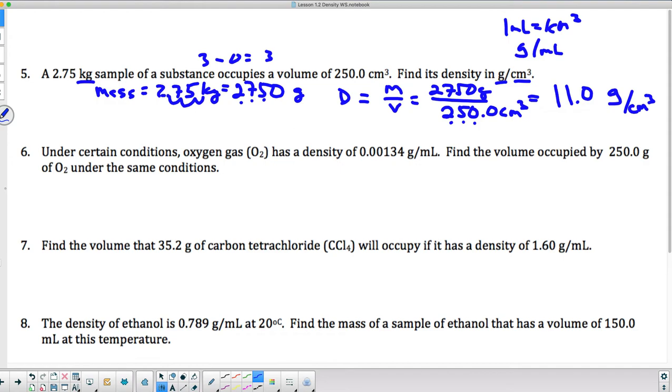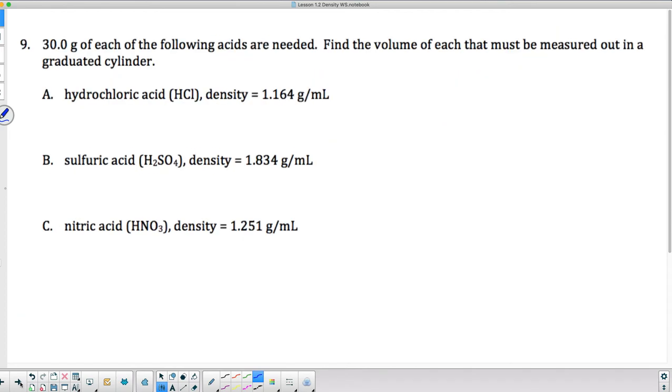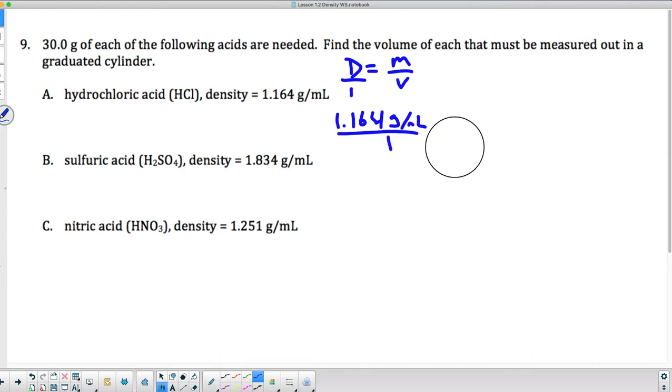Okay, so let me just continue on. There's one more thing I'd like to show you. Take a look at number 9. Some people had some questions on number 9. If we're doing density equals mass over volume, that means I end up like this. I simply fill in the things that we have, which would be 1.164 grams per milliliter over 1 equals, and then what do we need?